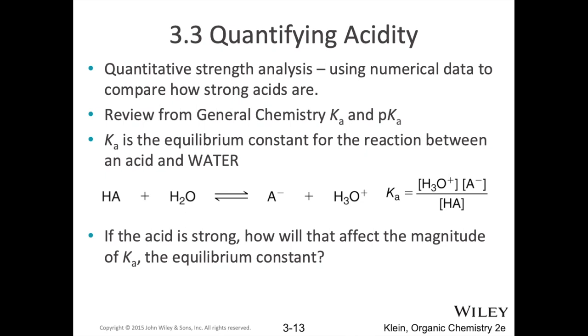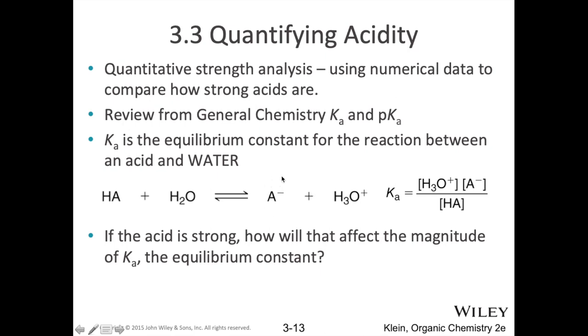To jog your memory from Gen Chem, whenever you have an equilibrium, the expression involves some constant K, which is the concentration of your products raised to whatever coefficient they have, divided by the concentration of your reactants, again raised to whatever coefficients they have. Here the coefficient of everything is 1, so the superscripts are all ones, meaning they're not squared or cubed.